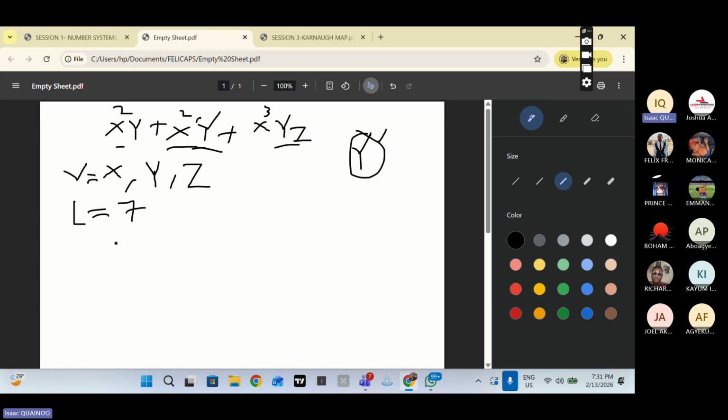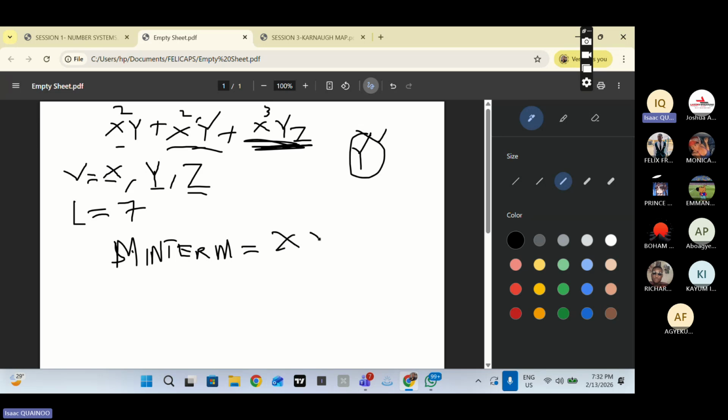So if you are finding the min term of this SOP, you want to look at the specific product term that has all members of the variables present. What are the variables? x, y, and z. So we look at the expression: which product term has all members of our variables present? We have this right here, x y z.